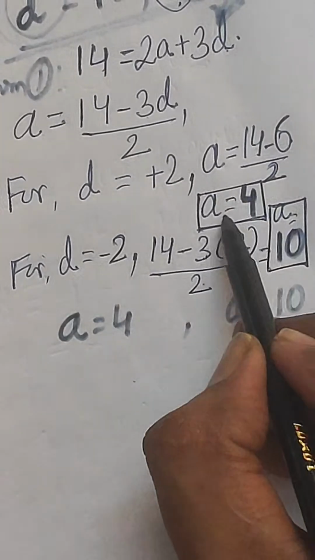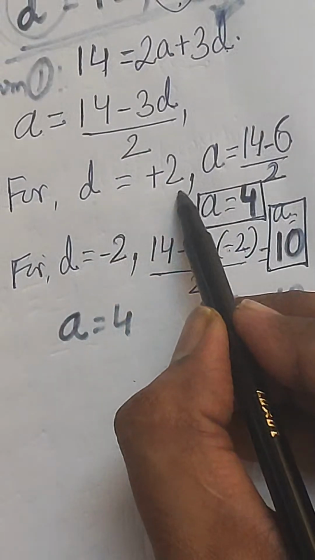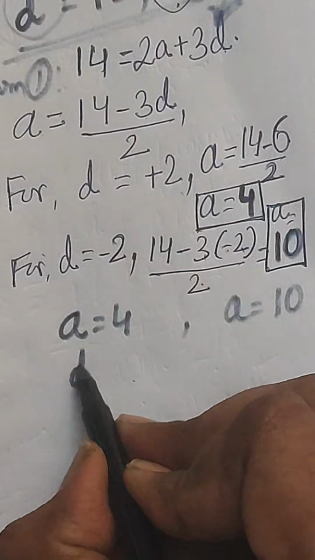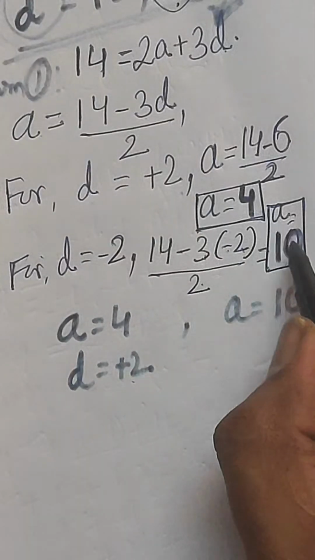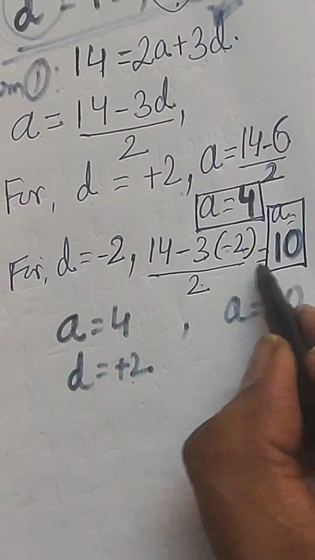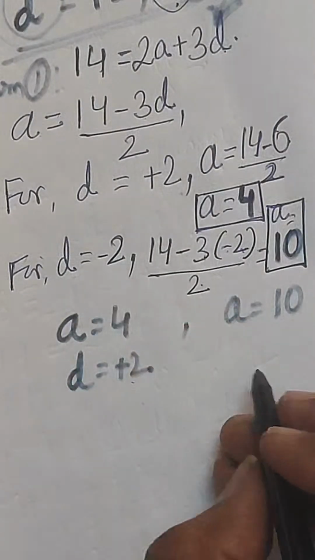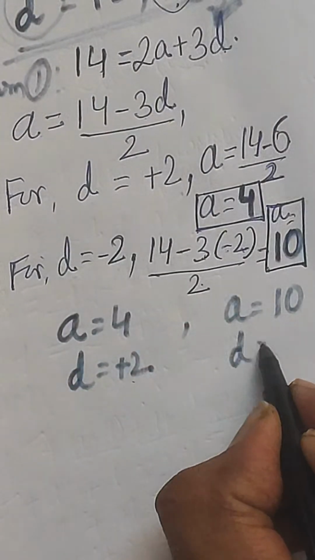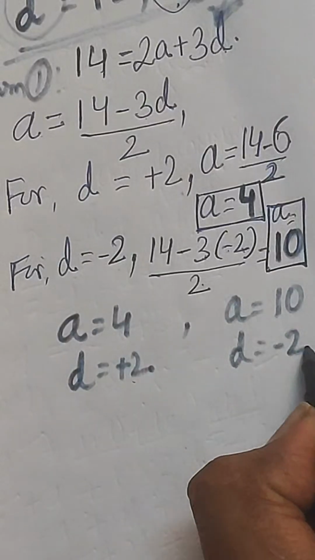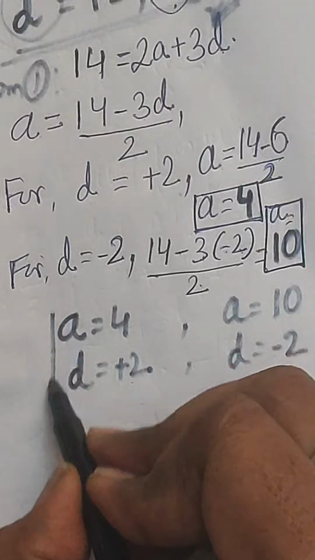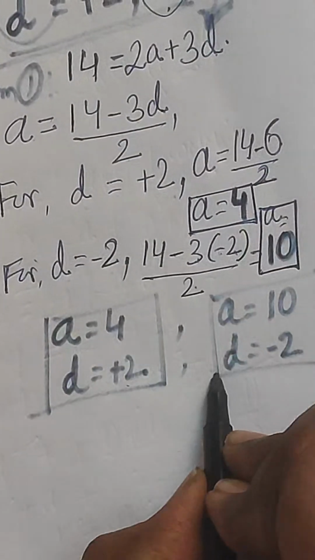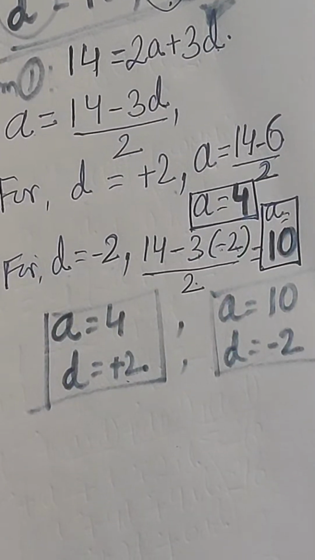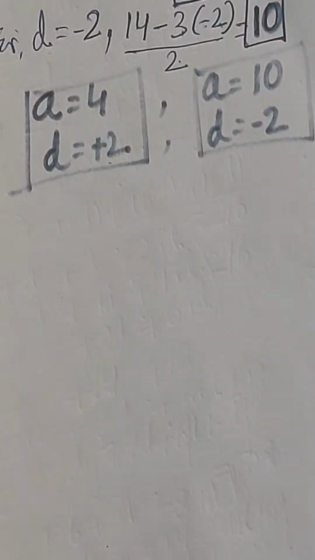A equal to 4 will be coming for D equal to plus 2, and A equal to 10 was coming for D equal to minus 2. So these two sets of A and D will give you four different values of arithmetic progressions, right?